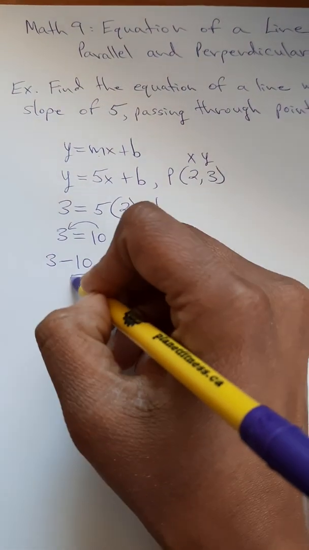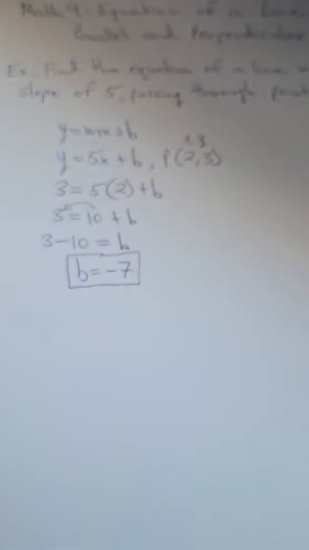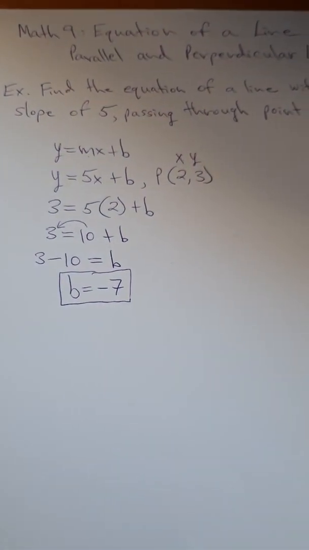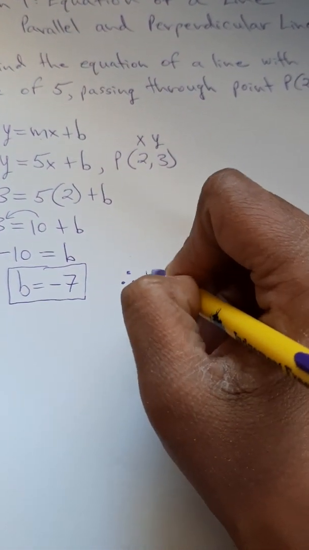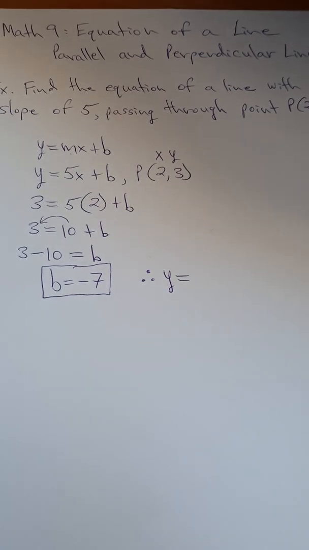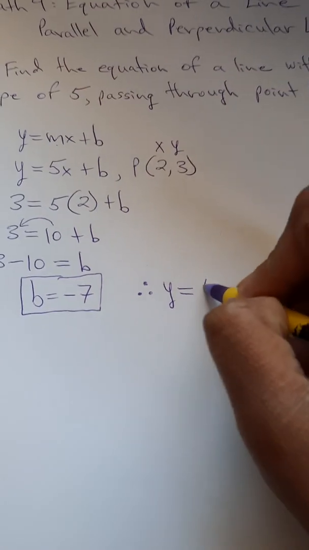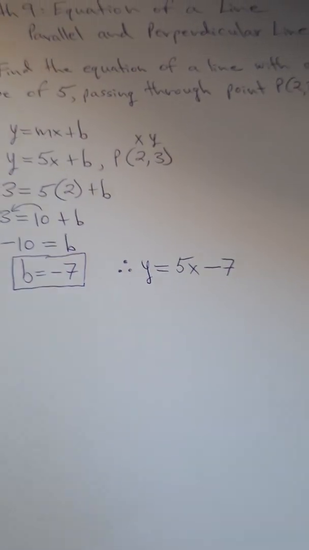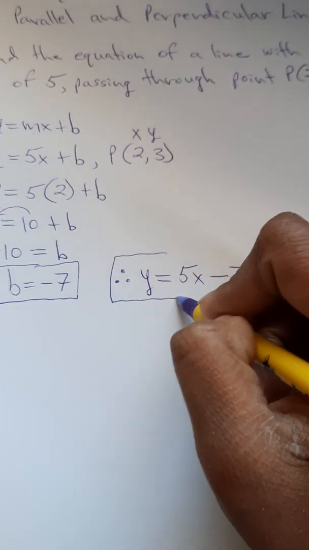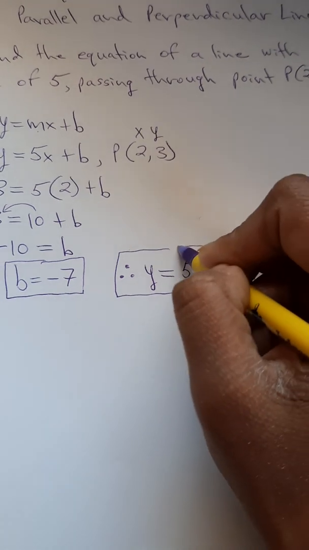Again, I like to box my answer here like this. We're looking for the actual equation, so make sure you write your final equation. Therefore, y equals your m value, which is the slope, so 5x, and your b, which is negative 7. This is the final answer the teacher is looking for.